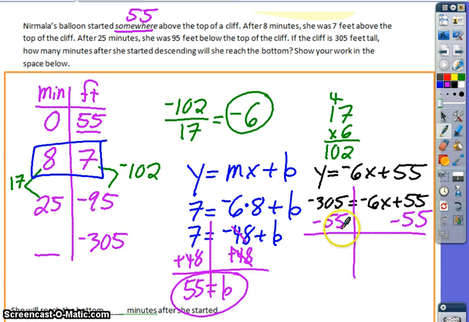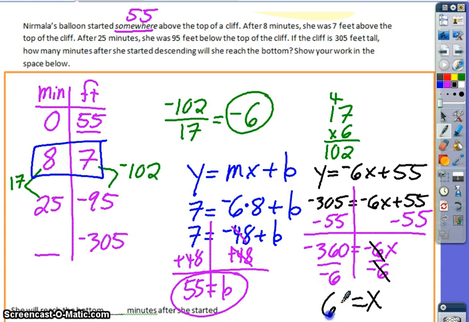Negative 305 minus 55. So I'm at negative 305. I'm going down 55 more. I get negative 360. Then I'll divide both sides by negative 6. And x, these cancel. Negative divided by negative is a positive. X is 60 minutes. Okay? So there's your first part.